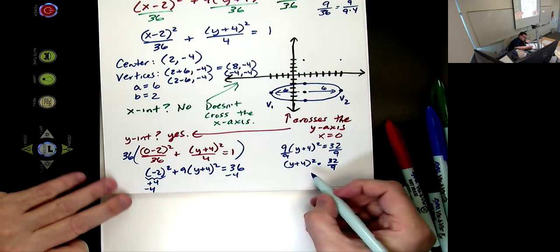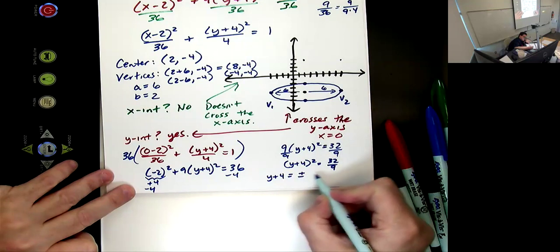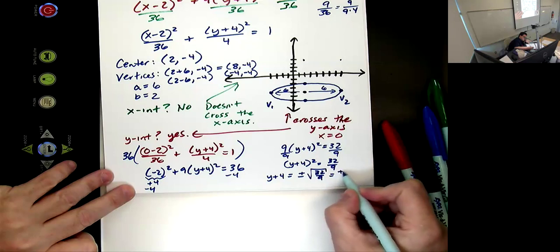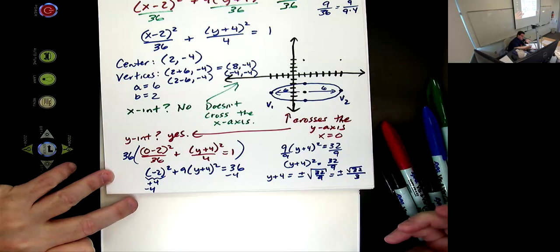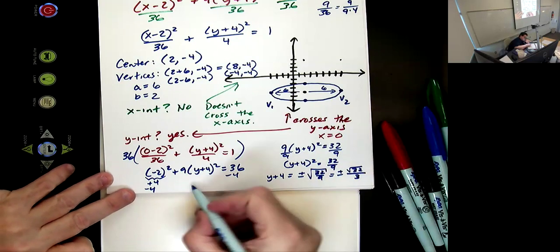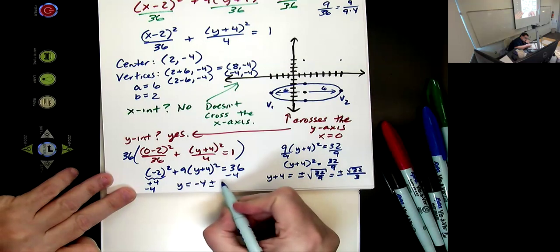Take the square root. And then subtract 4. So y equals -4 plus or minus the square root of 32, over 3.